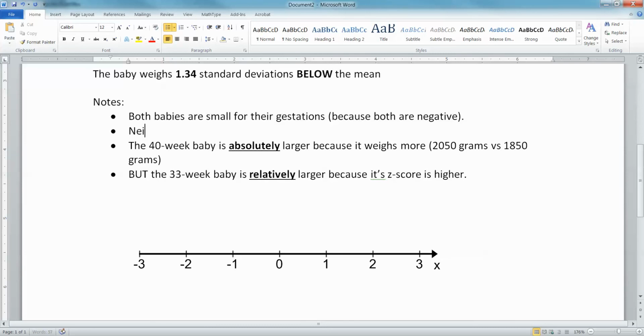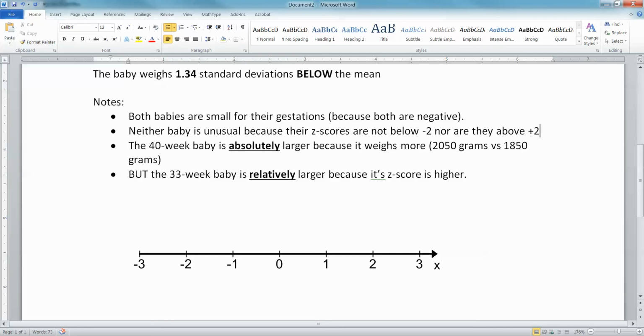That's another thing to note. Neither baby is unusual because their z-scores are not below -2, nor are they above +2, right?